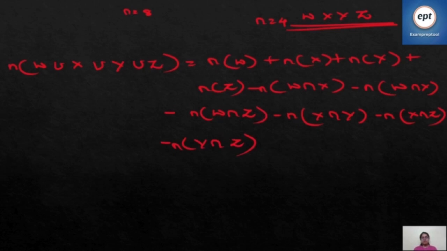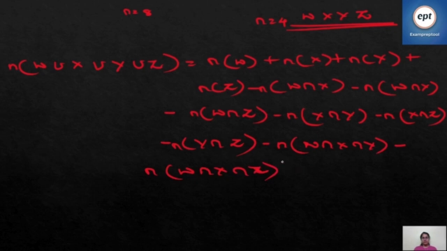Now the time is to take 3 pairs like W, X, Y. All the intersections we will take one by one. So now the subtraction of the number of W intersection X intersection Y, and here we have taken Y, so now we will take Z intersection.